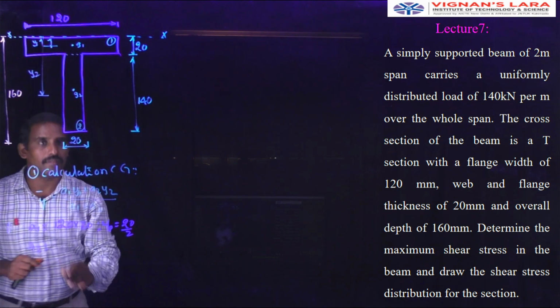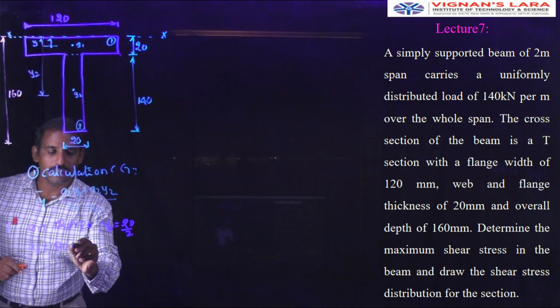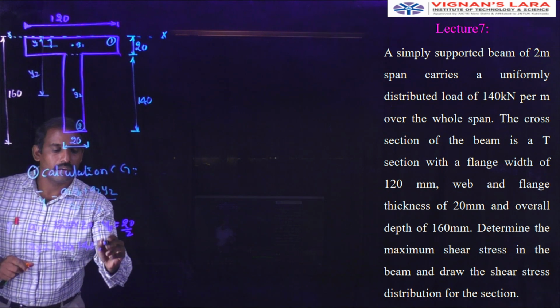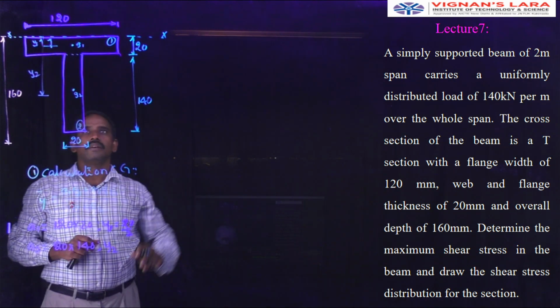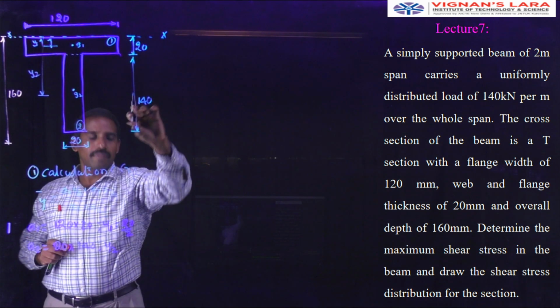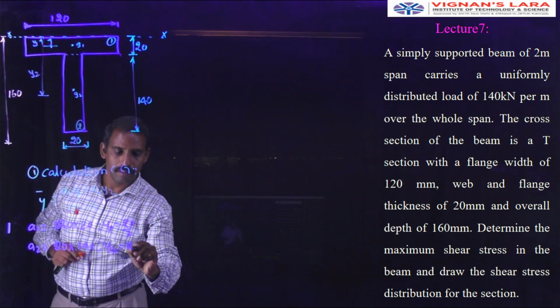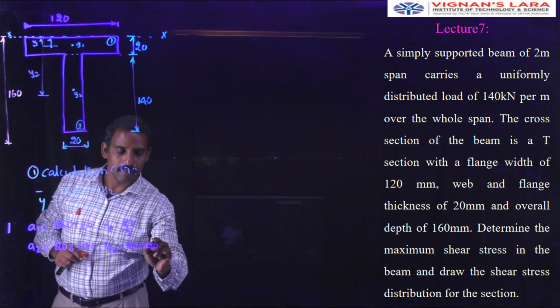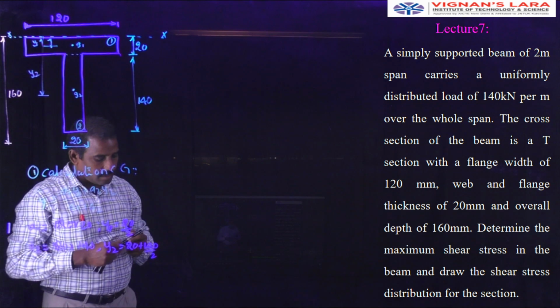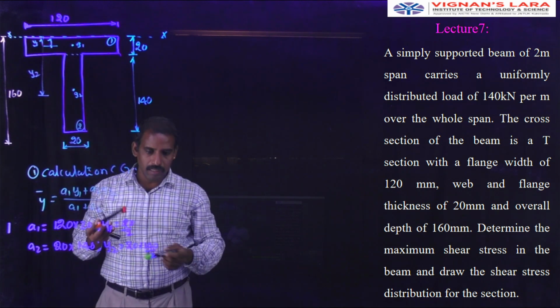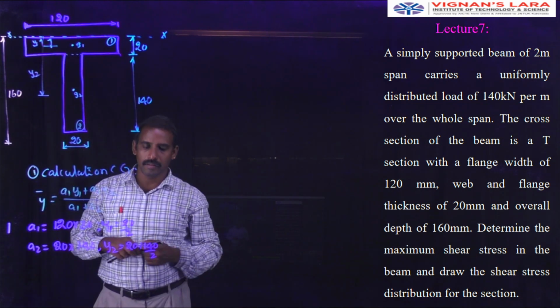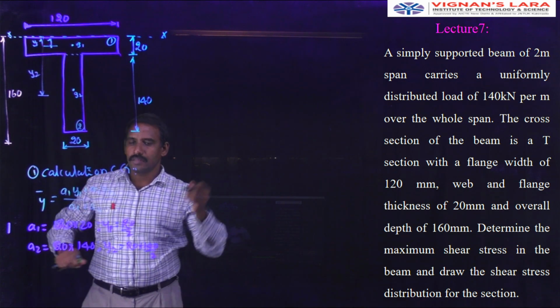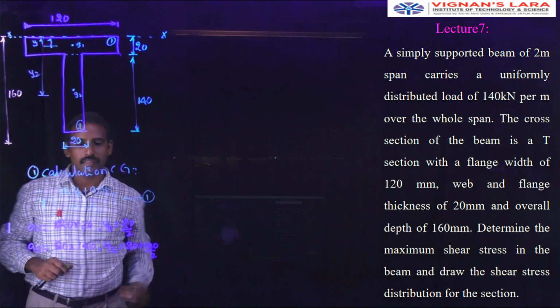A2 is equal to 20 into 140, and Y2 is equal to 20 plus 140 by 2, that is 70 plus 20, equal to 90. Substitute all these values in equation number 1.